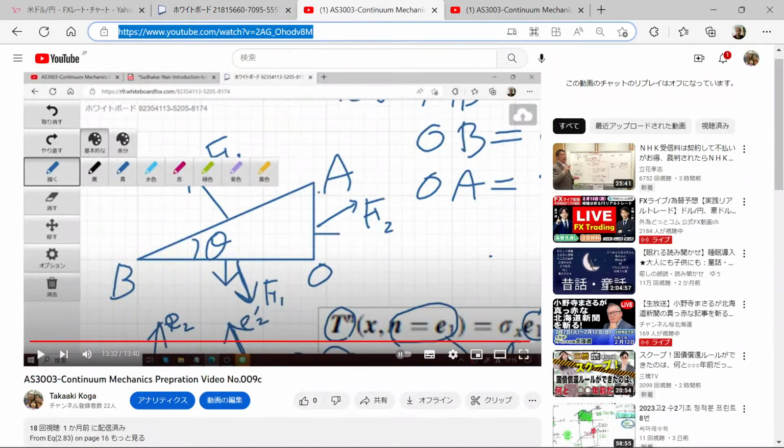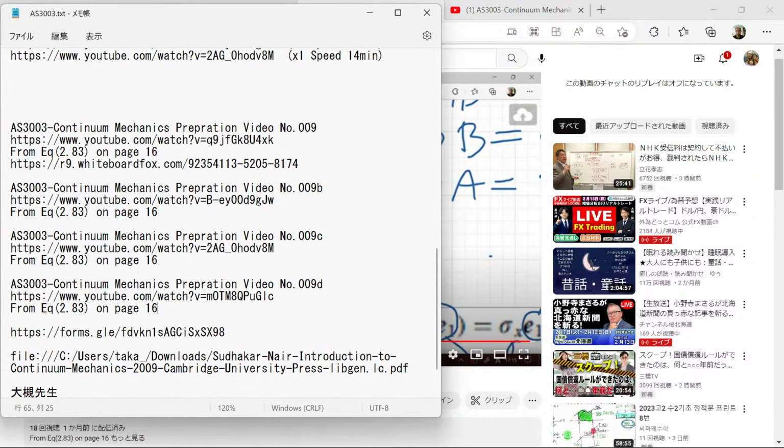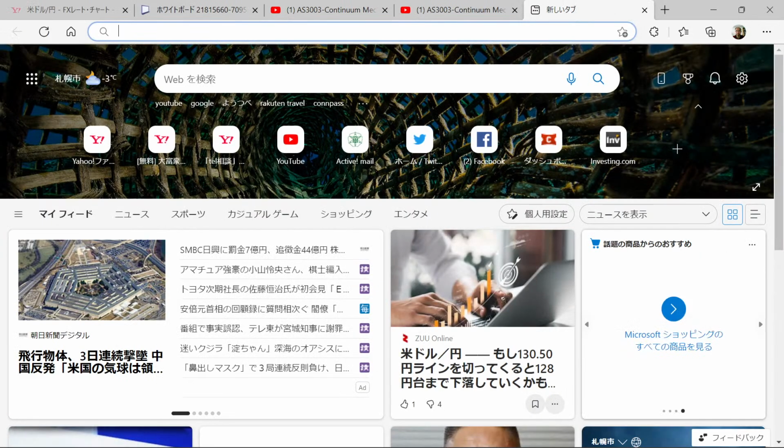I'm sorry, I kind of forgot. Let me see. I don't keep the textbook. Let's see. Where's our textbook? Here, right? This is our textbook. Let me open the textbook.